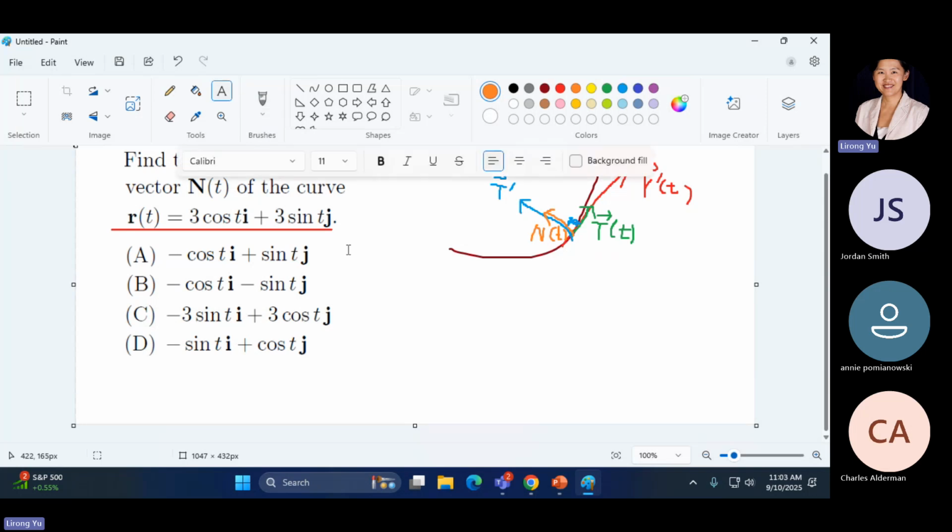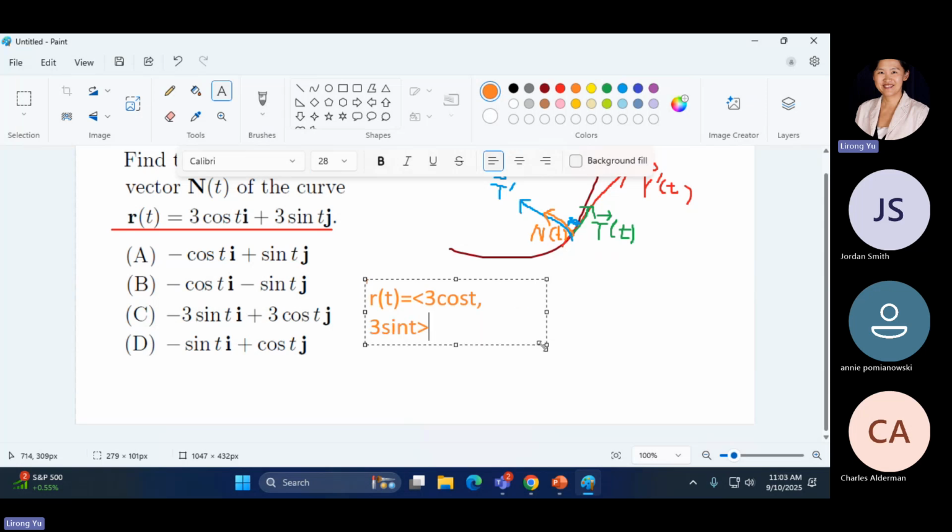Let's look at the process. The original vector, the r function, r of t, is 3 cosine t, 3 sine t.